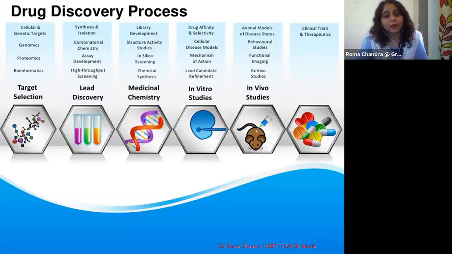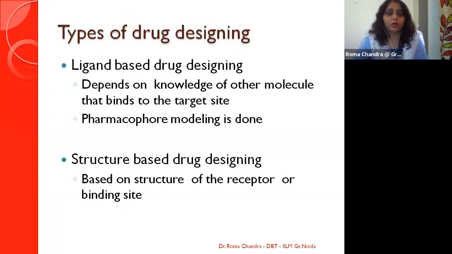The ligand compound is something which we are going to study, and we need to understand this ligand is actually the molecule which will be the ultimate drug in future. When we talk about the types of drug designing processes, we can go with two types: ligand based drug designing and structure based drug designing.